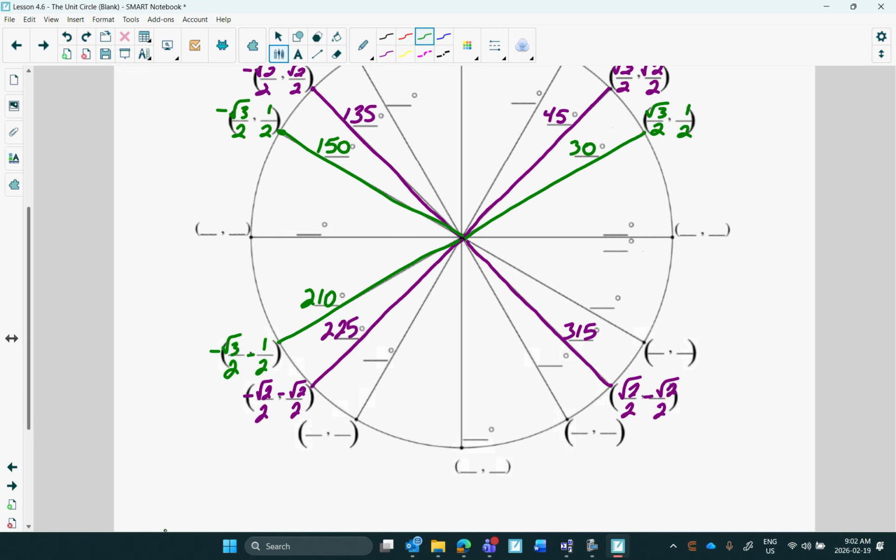And then finally, the family member in quadrant 4, 360 minus 30 gives us 330. And again, we'd use root 3 over 2 and 1 over 2, but this time the 1 over 2 would be negative.